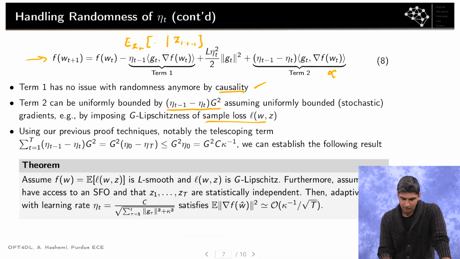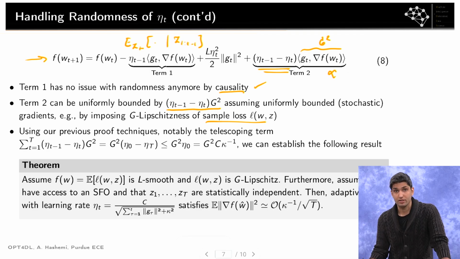So why? First of all, this term can be bounded by the Cauchy-Schwarz inequality with G squared, okay? But to make a claim that the whole term is upper bounded by this, it is essential to show that this difference is always non-negative, okay? Otherwise, I would get a negative term which would serve as a lower bound, and we don't want that. We want an upper bound.